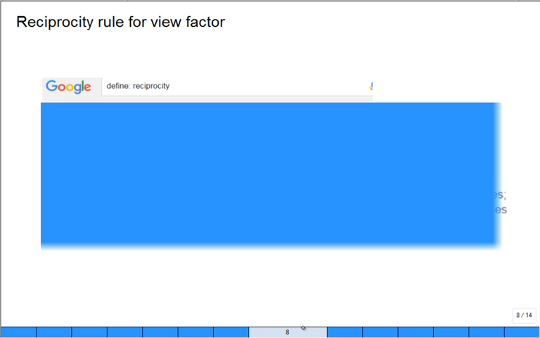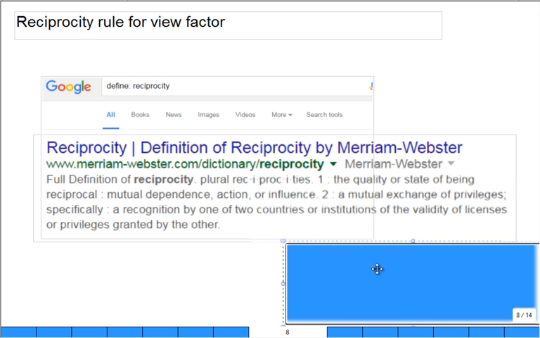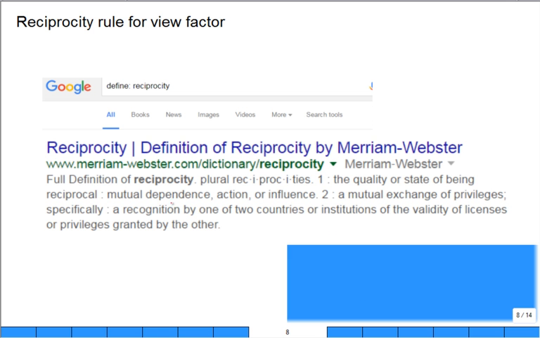There's another rule called the reciprocity rule. And you know I like to look at online dictionaries when I'm confronted with a word that you don't use every day, right? But some of you know already what reciprocity means. So this is what I do: I just type in, define a term, and then I read the definition of reciprocity. The key idea is there's a reciprocal nature to it, in some sort of mutual dependence or action or influence.